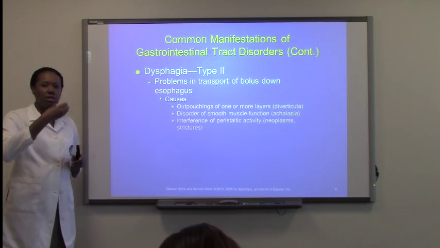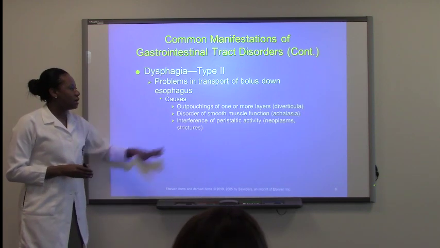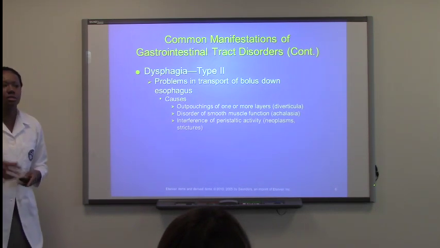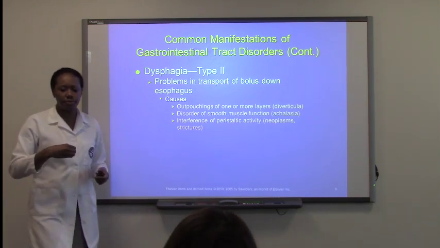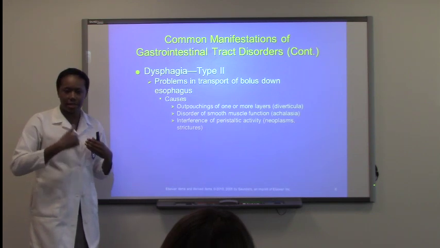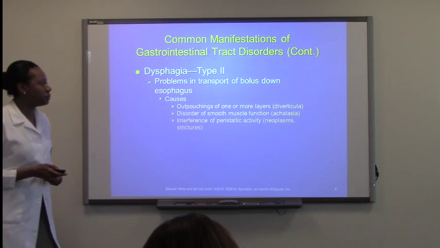So if that smooth muscle is not contracting enough to push that food forward, or if there's also interference with peristaltic activity. And sometimes individuals can have a tumor, or I should say a cyst or things like that that could also cause an issue or blockage from that food not moving forward.